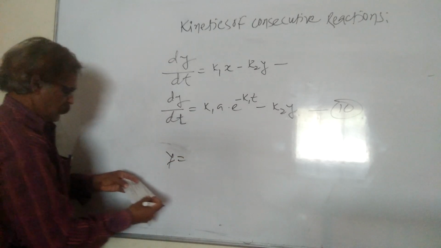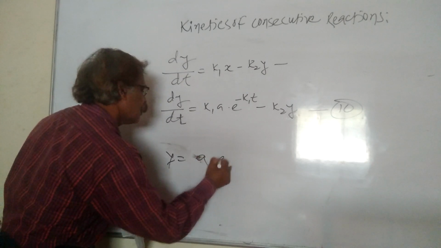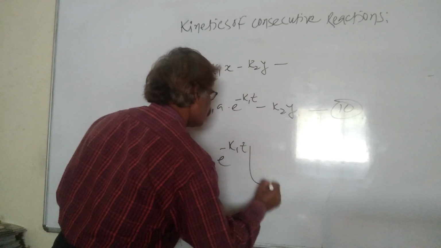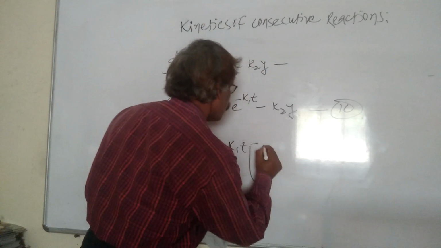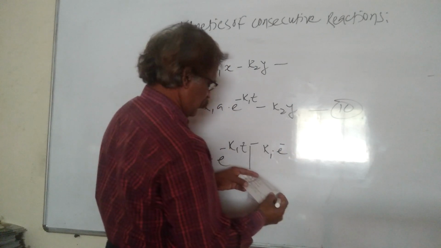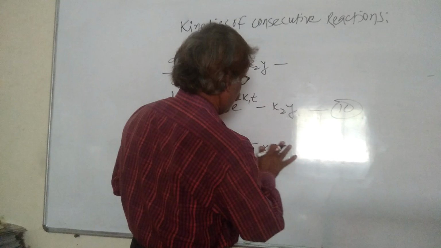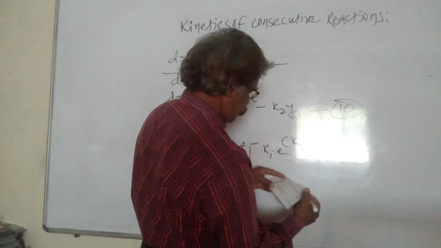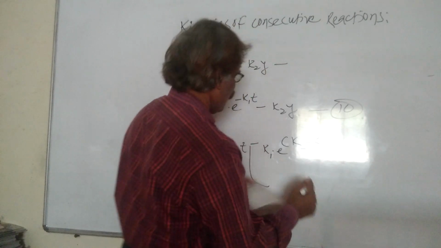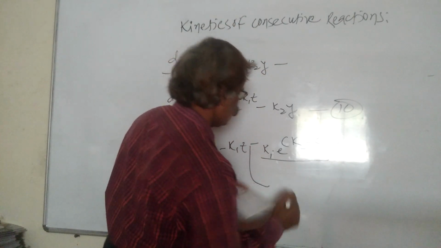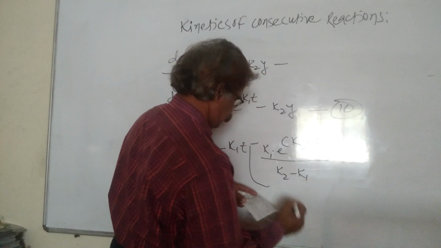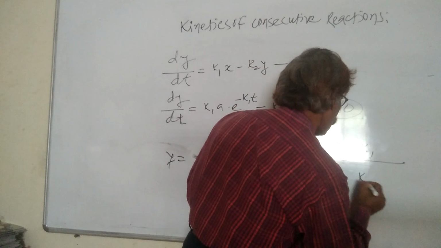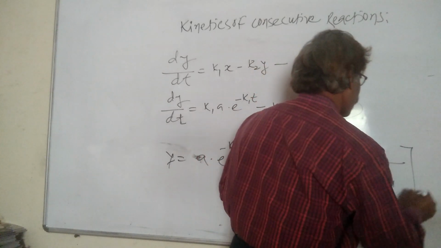Y is equal to a into e to the power minus k1 into t, in brackets, k1 into e to the power k2 minus k1 into t upon k2 minus k1, minus k1 upon k2 minus k1, bracket close.